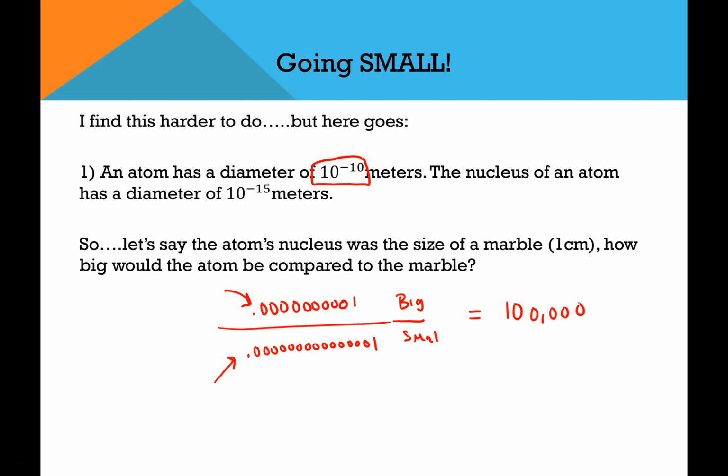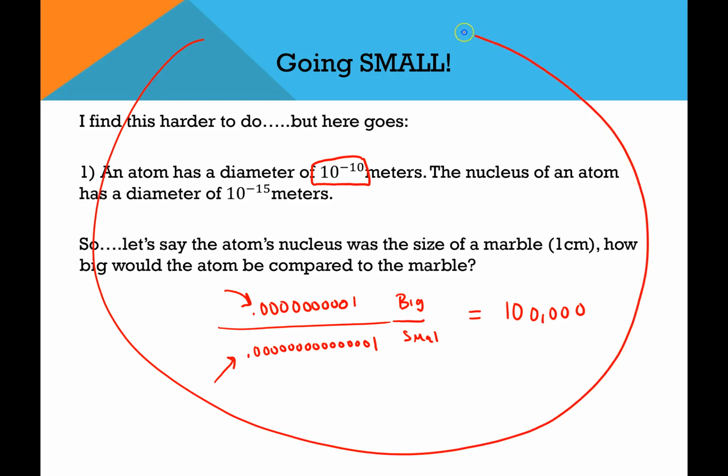All right, so that means that if we look at our atom with our nucleus, this diameter right here is 100,000 times bigger than your nucleus. That's crazy. So my picture is so inaccurate.